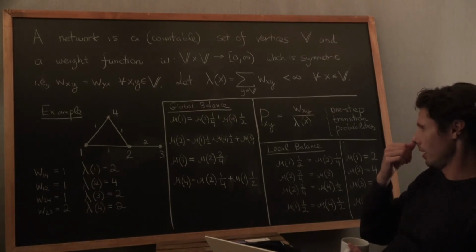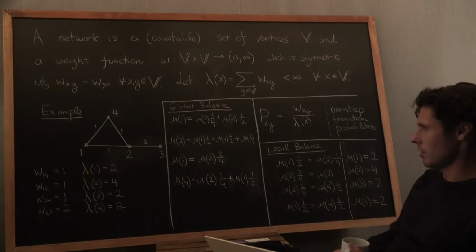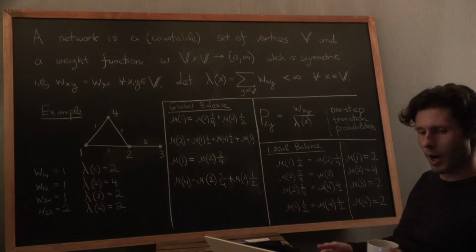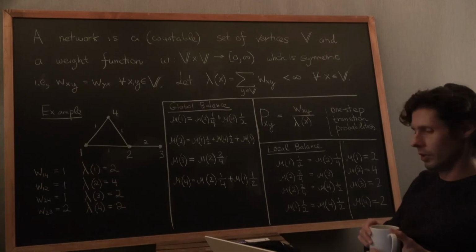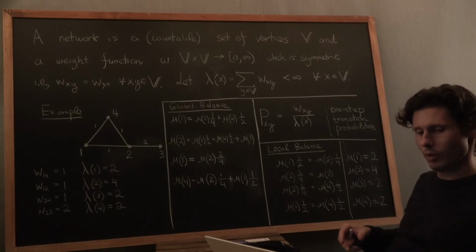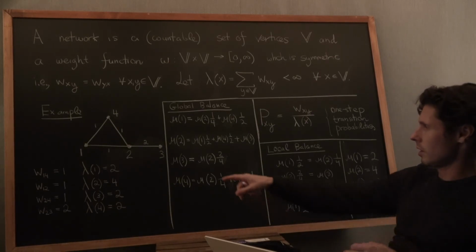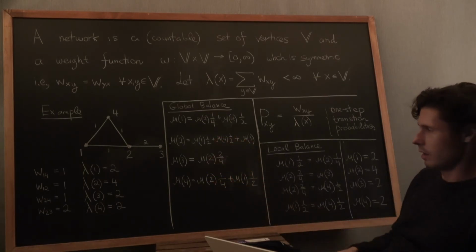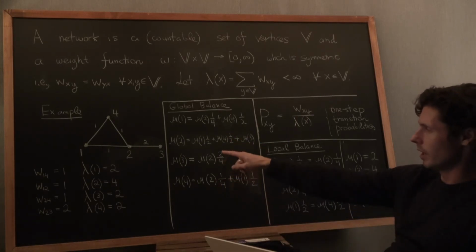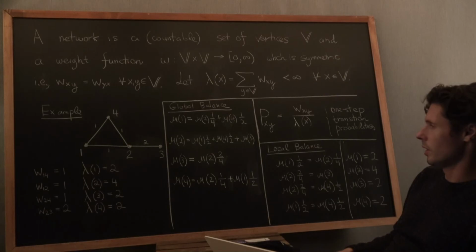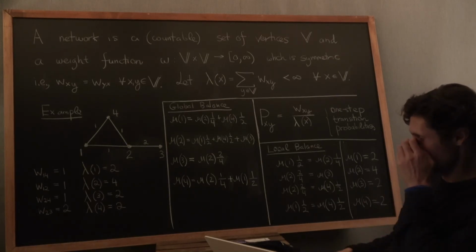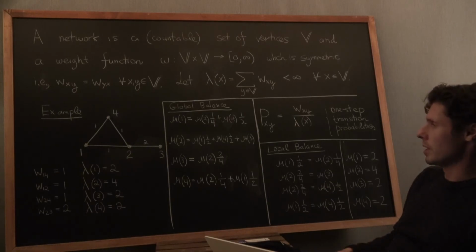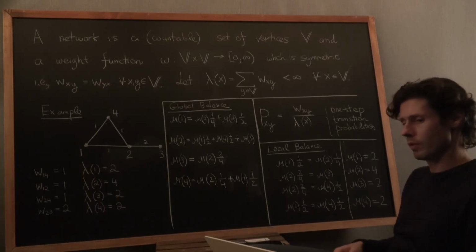But the question is, how do we finally get the stationary distribution? What's pi for vertices 1, 2, 3, 4? Well, it's just a normalized version. It's basically those numbers, provided that they sum up to 1. So we just have to sum them up and divide each by that sum. The way I count it, the sum looks to be 10: 6 plus 4, 10. So that means pi of 1 is equal to 2 over 10.